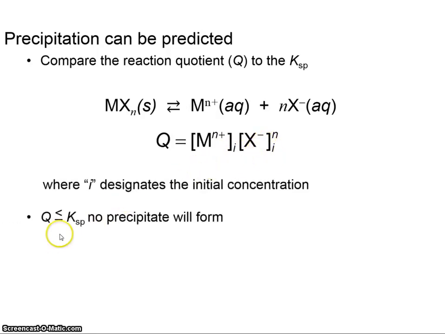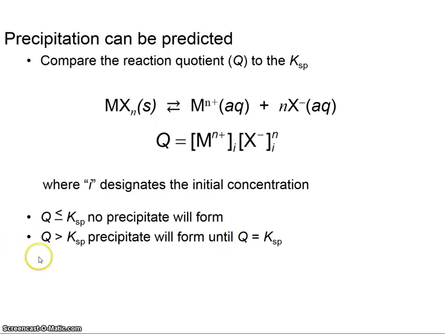If Q is less than K, no precipitate will form. If Q is greater than K, it's going to precipitate until Q is equal to K. In other words, if Q is bigger than K, I've got more product than K would suggest. I need to back-form reactants. I need to decrease the concentration here and form the reactant, which is the solid. So it's going to precipitate and lower this concentration until Q is equal to K.